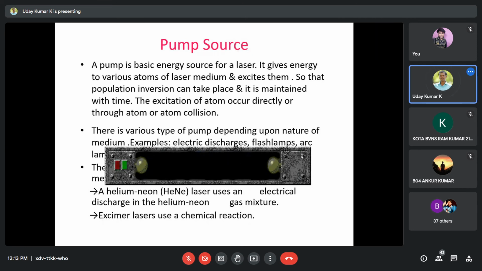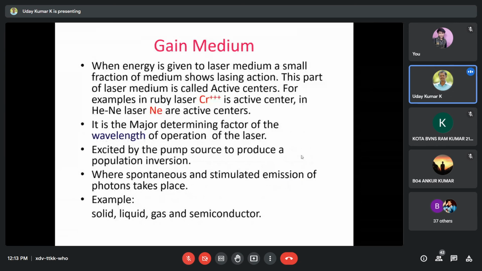You switch on the pumping switch, and it gives you a flash of light. Through that, photons are released, and these photons interact with the lower energy level atoms, which receive the energy and go to the higher energy level. So that's what it is here.